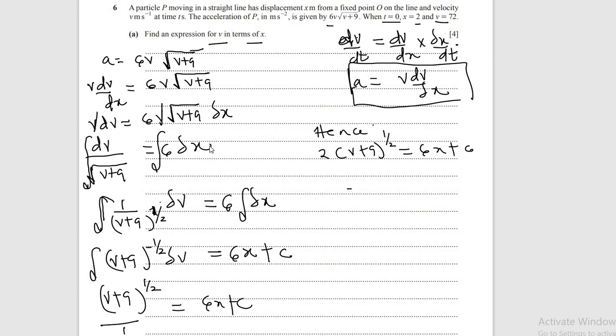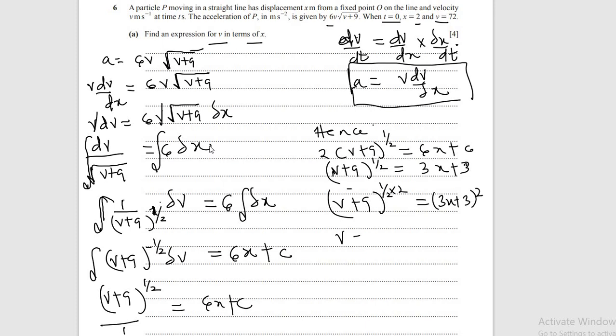Which is the same thing, divide through by 2: (v plus 9) raised to the power half is 3x plus 3. Square both sides, and we have (3x plus 3) all squared.